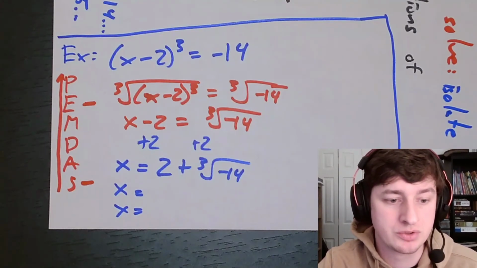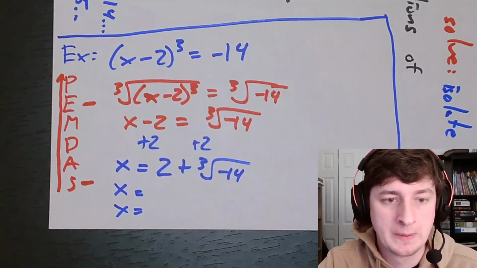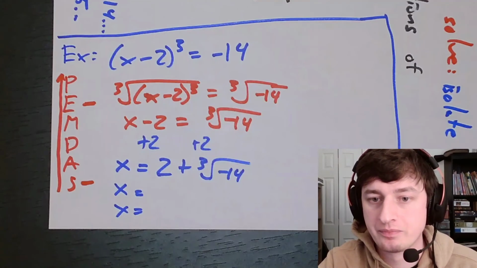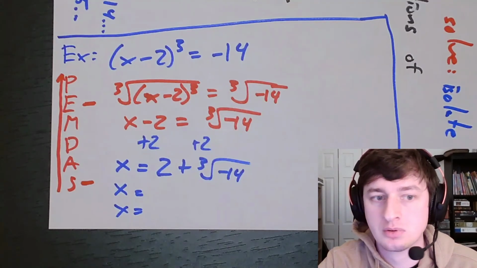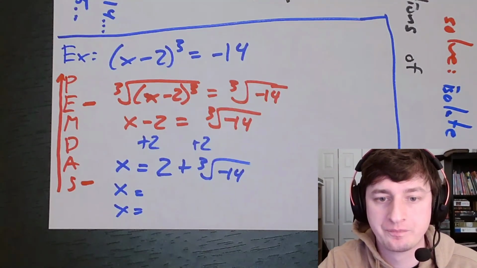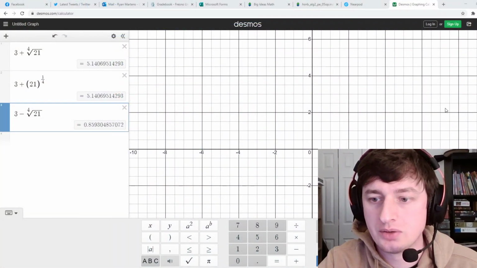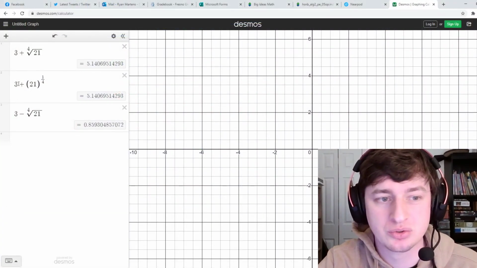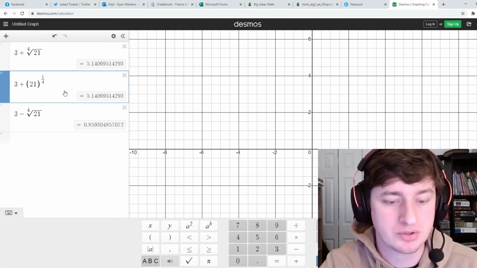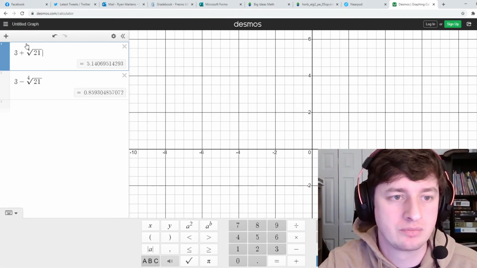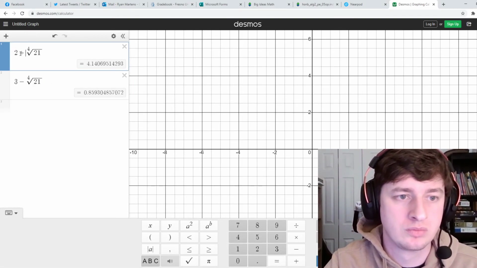Okay, so then I would go to Desmos. This is not Desmos. Back to Desmos. And then we just need to change these numbers to what we had in the problem. So let's get rid of that. This is a 2.